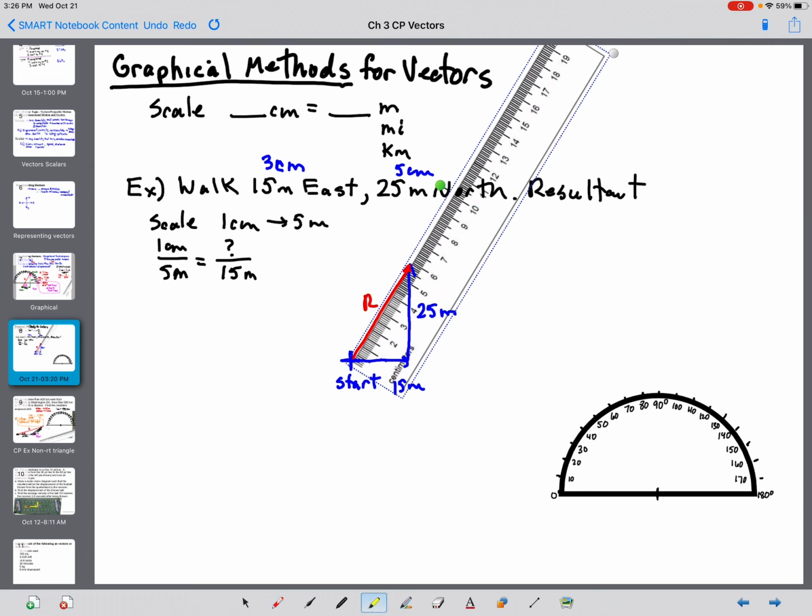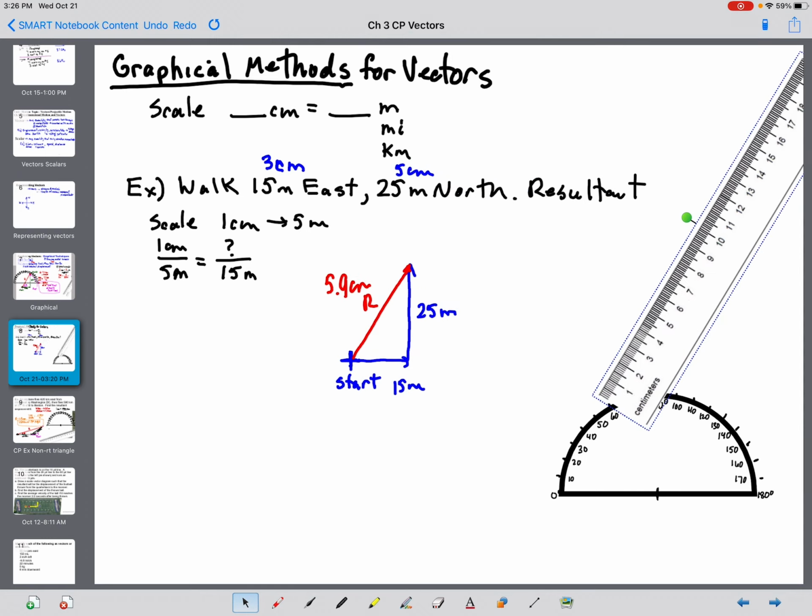Now, on your ruler, you can measure the length of that line. That line goes to about 5.9 centimeters. So then the length of this line is 5.9 centimeters. We can then use our scale to calculate the actual value in meters.